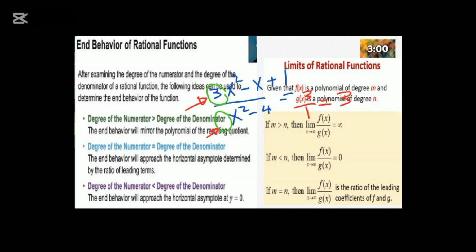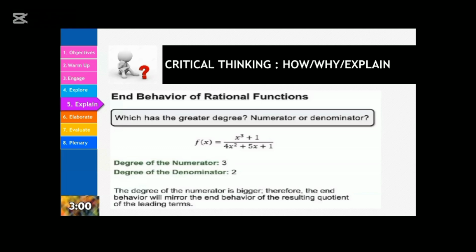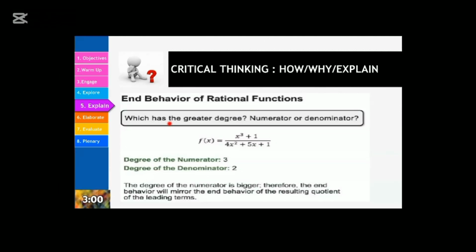Okay, and then if the degree of the numerator is smaller than the degree of the denominator, like here m is smaller than n, that means the limit will be equal to 0. So let's take an example here. Here he asks which has the greater degree, numerator or denominator.